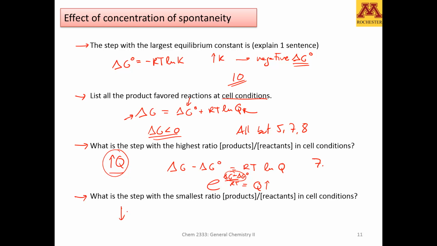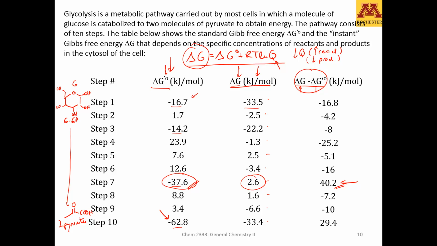Again, we're being asked about a small Q, and a small Q, as we have discussed before, is because there are not enough products. So we can still apply this equation here. We are looking for the, if you will, the most negative or the smallest of this subtraction. This was the largest, and I'm seeing, I think, yep, the step 4.